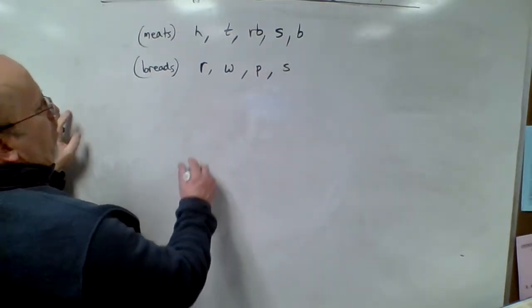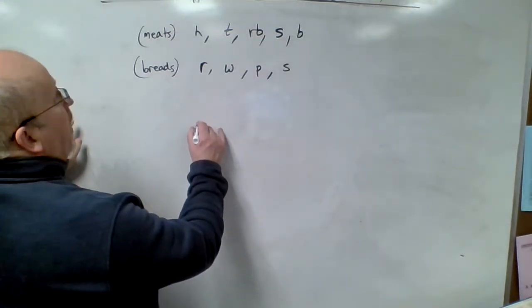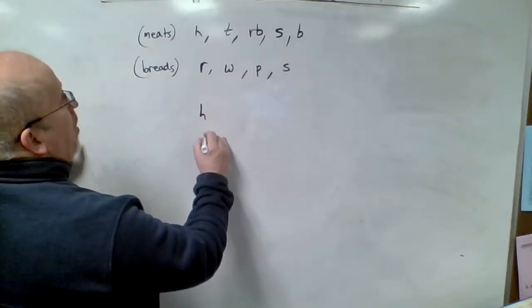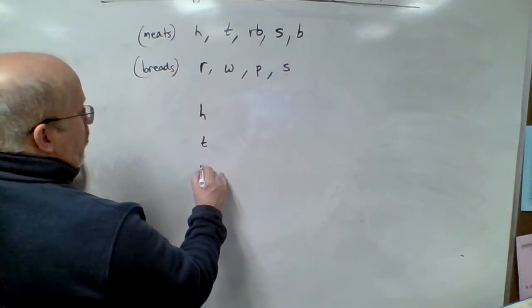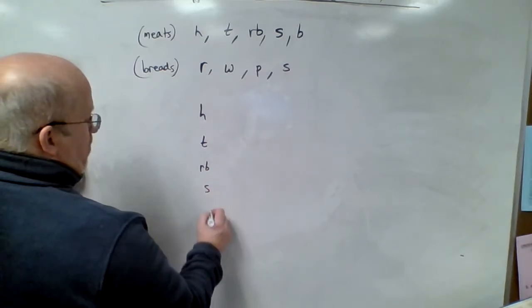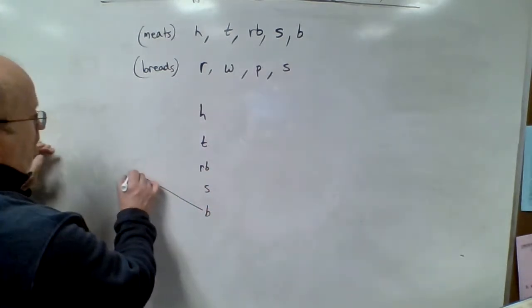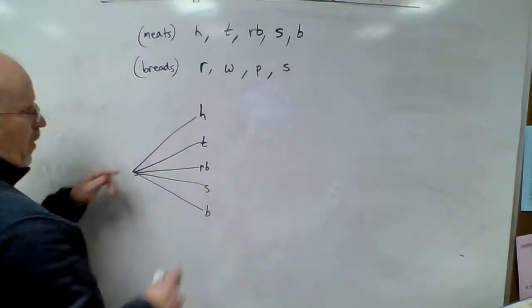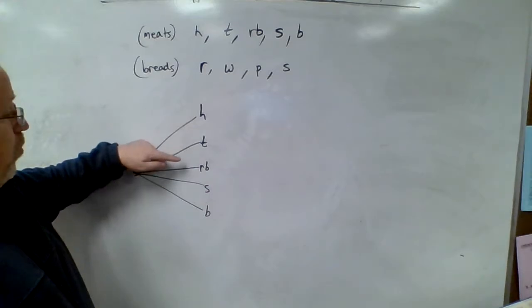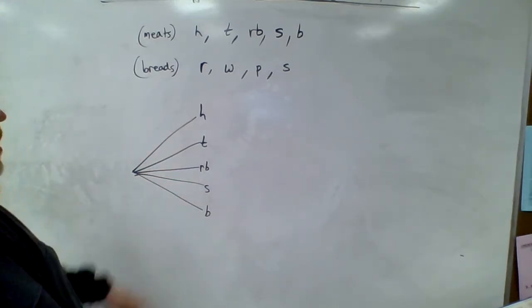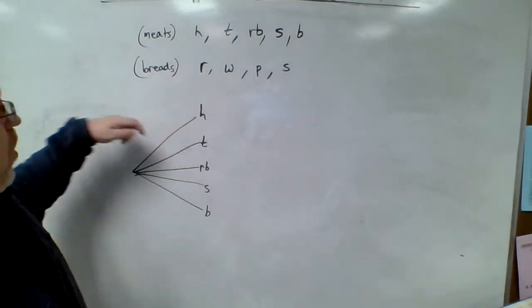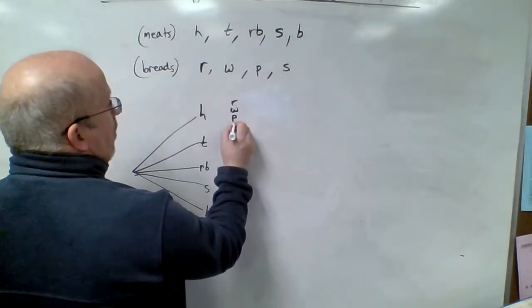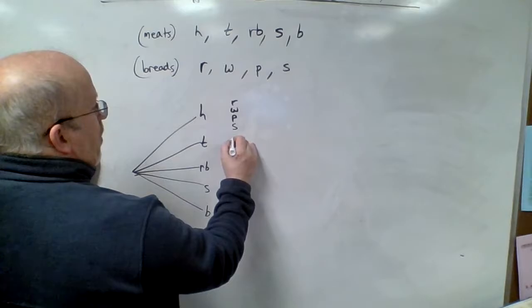So how would I do that? Well, I'd have to create, in the first situation, 5 different types of meat all coming away from one point. So here's our ham, our turkey, our roast beef, our salami, and a bologna. And now going away from each one of these, I need our 4 different types of bread.